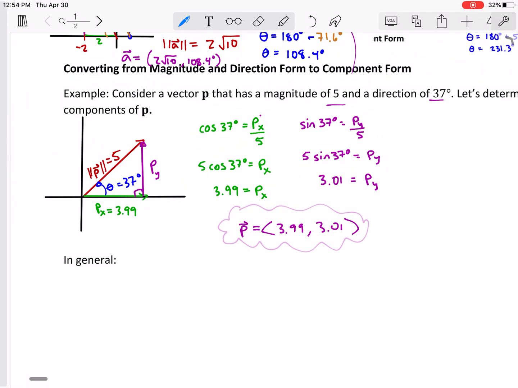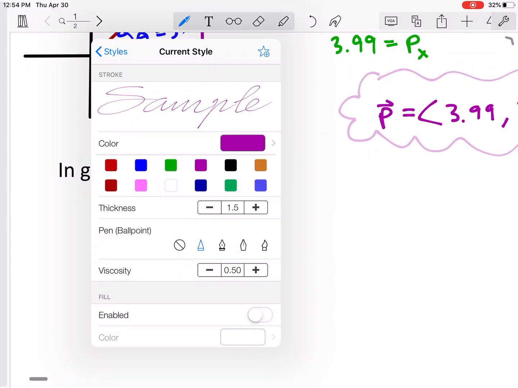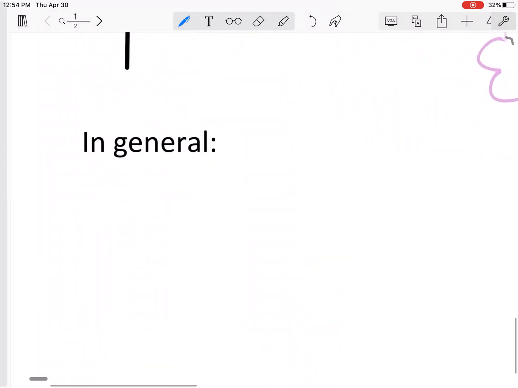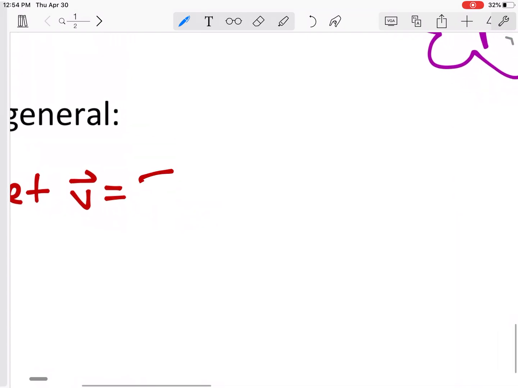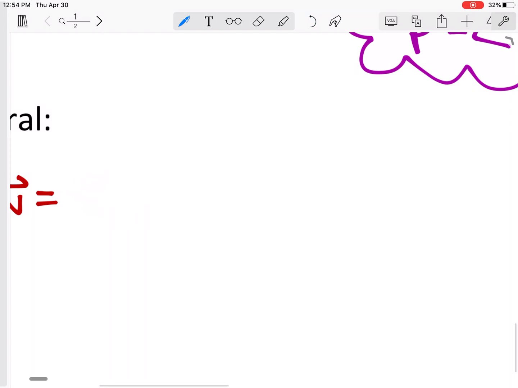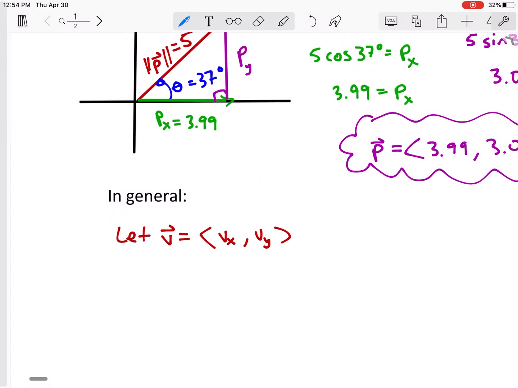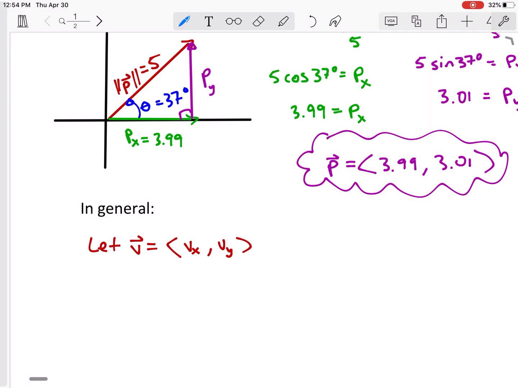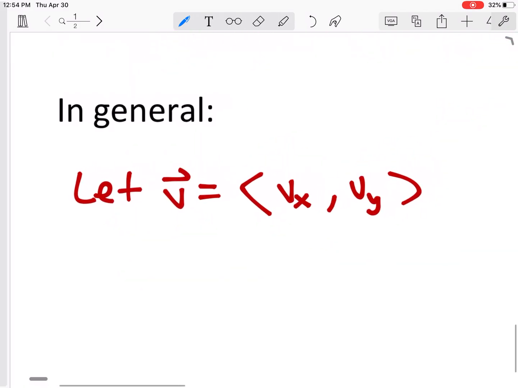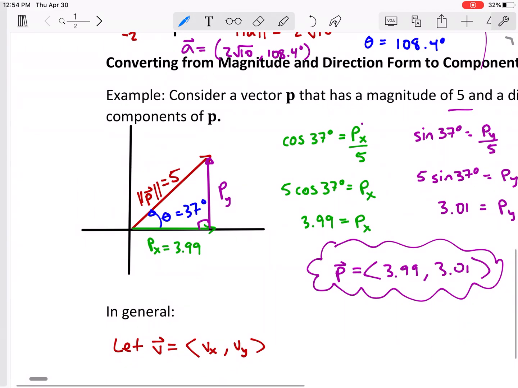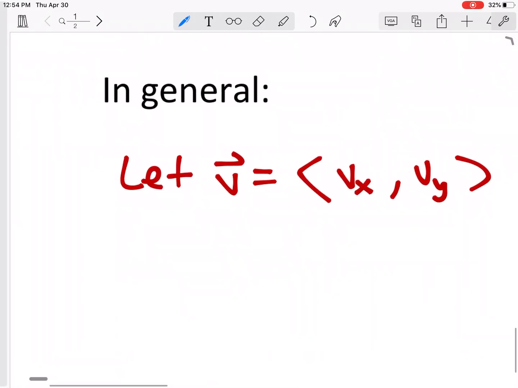All right, so in general, just to save ourselves time, let's look at an arbitrary vector. So let's let some vector v equal its components v sub x and v sub y. And we just want to consider, well, what will this look like in general if we don't want to have to do any work over and over again when we're trying to get from magnitude and direction form to component form.